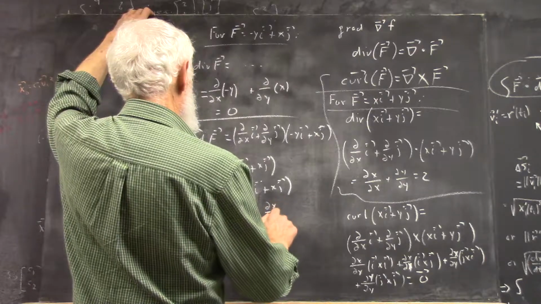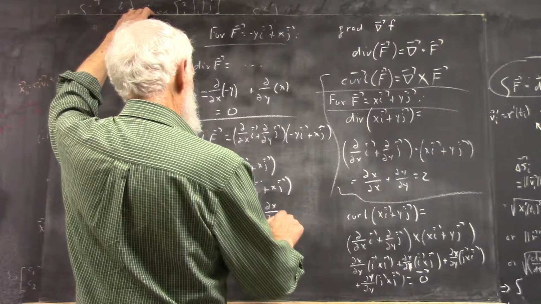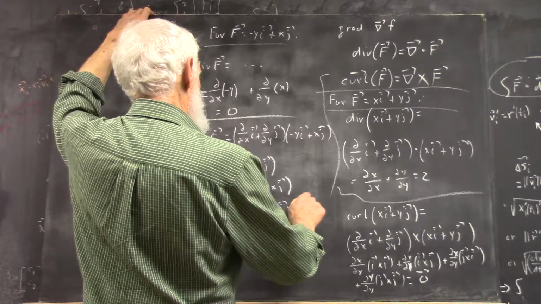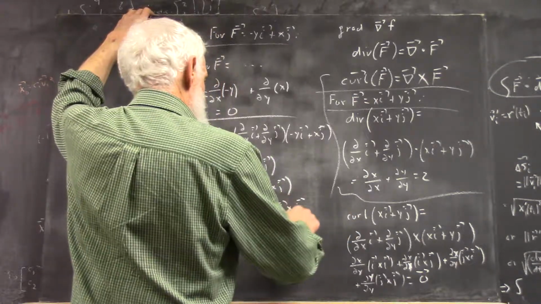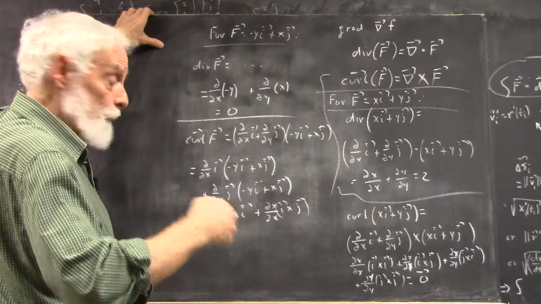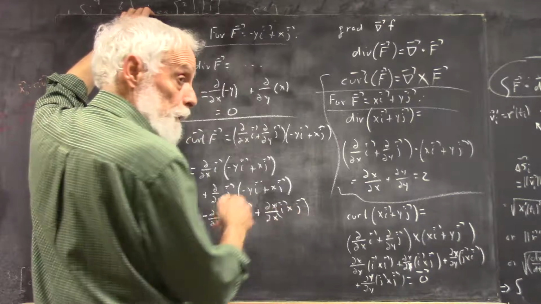Okay? Plus partial of x with respect to x times i cross j, which is not going to be 0. That's going to be k, right? And that's going to give us the k vector.